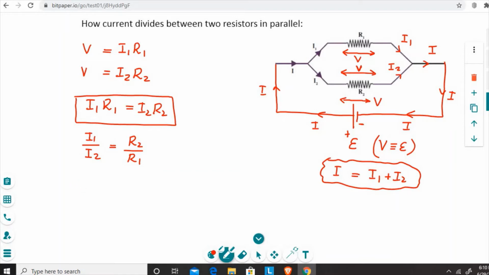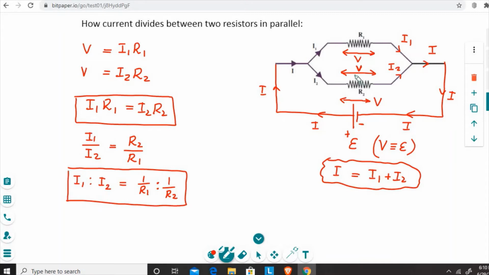So in that sense I can write I1 proportional to I2, and that is equal to 1 over R1 proportional to 1 over R2. So this is another way of writing this expression.